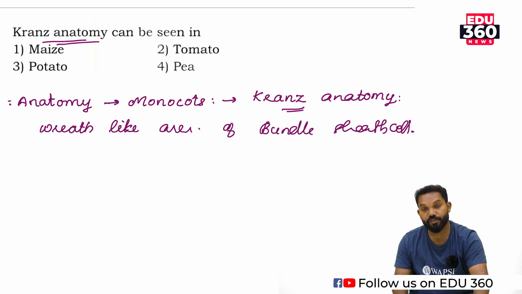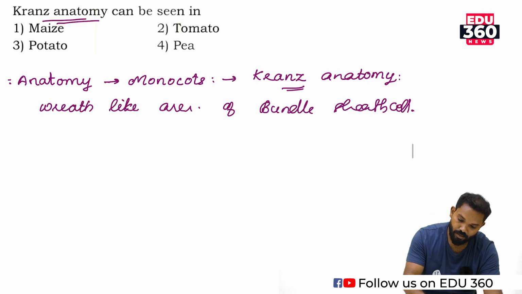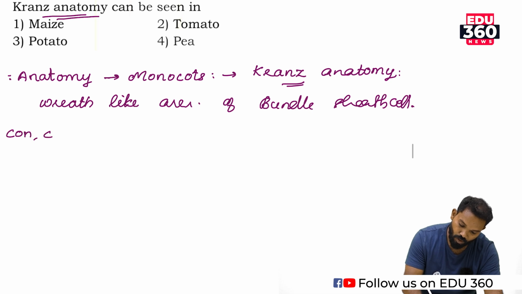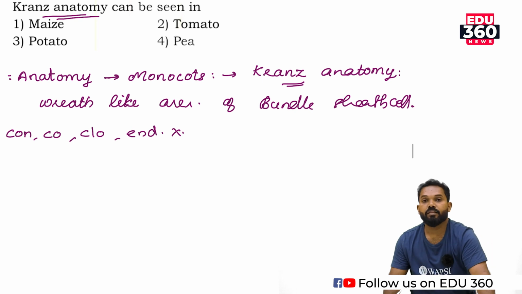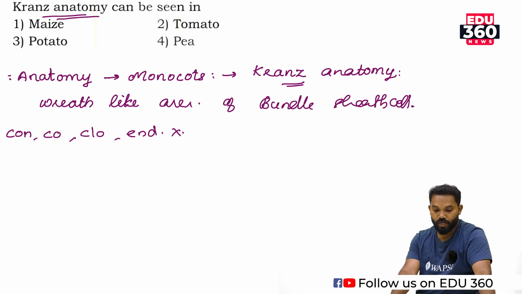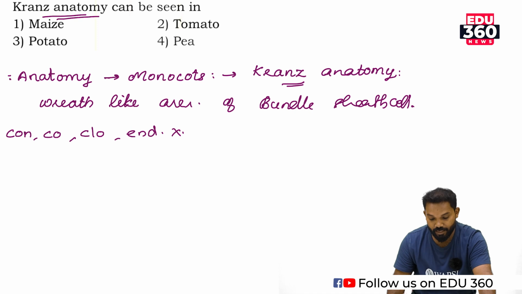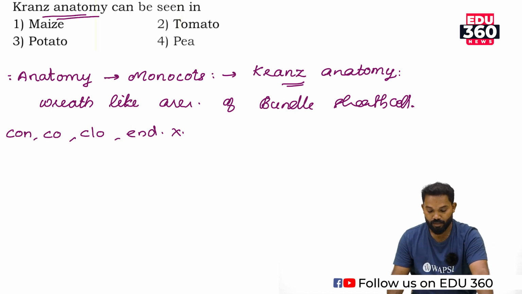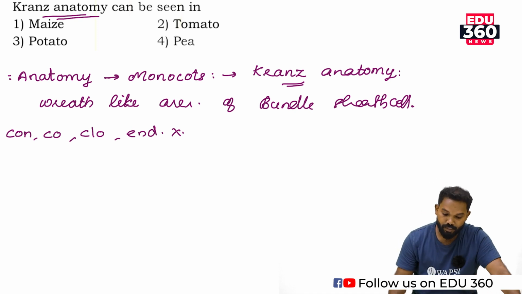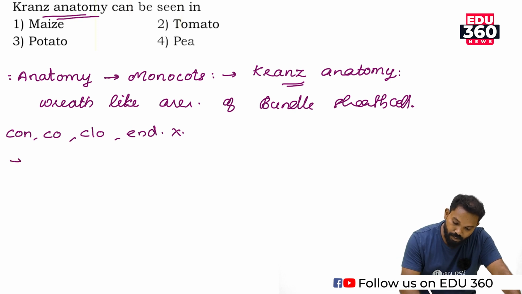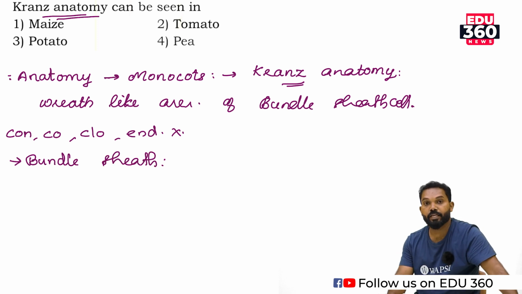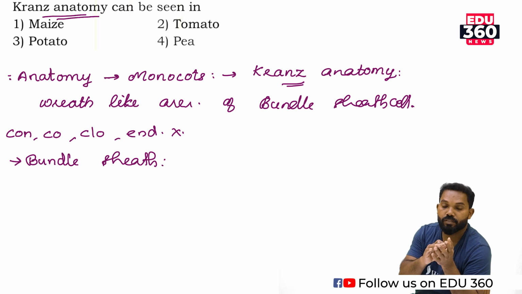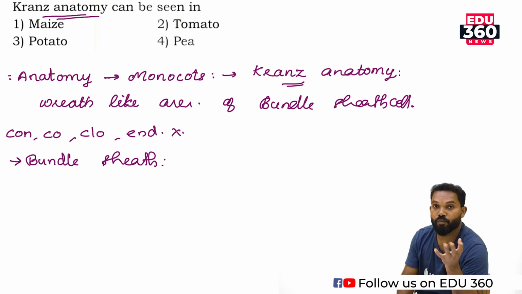Generally, the vascular bundles of leaves are conjoint, collateral, closed with endarch xylem. The characteristic of a leaf is that the vascular bundle is surrounded by a bundle sheath, a peculiar type of cells surrounding the vascular bundle.